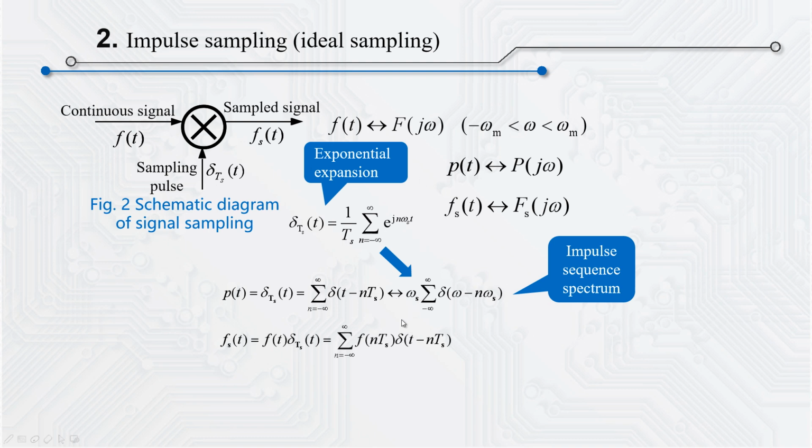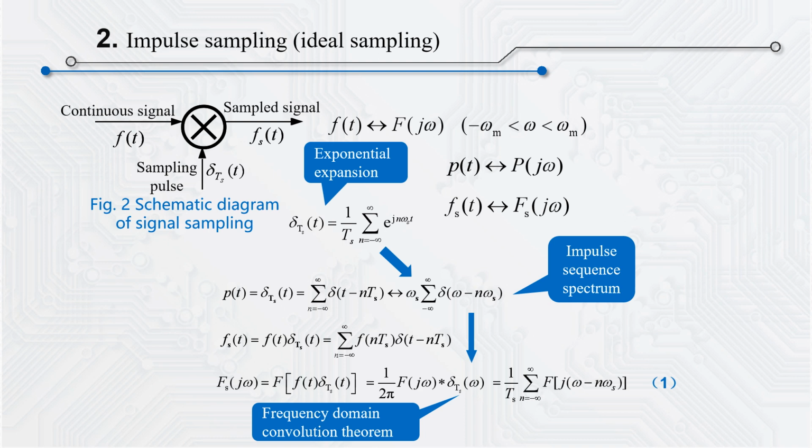In this way, according to the principle of signal sampling, the sampled signal fs(t) is equal to f(t) times δ_T(t). We have learned that according to the frequency domain convolution theorem, the product in time domain equals the convolution in frequency domain. Then we can get the spectrum of the sampled signal Fs, as shown in Formula 1.